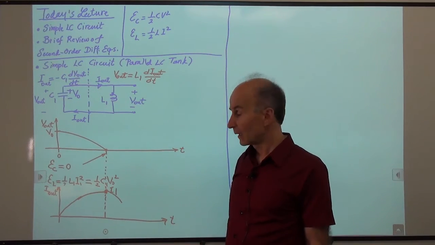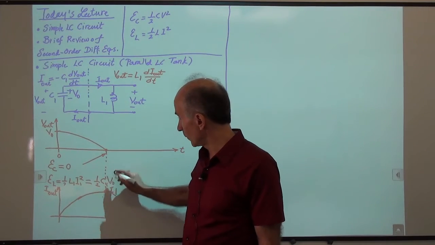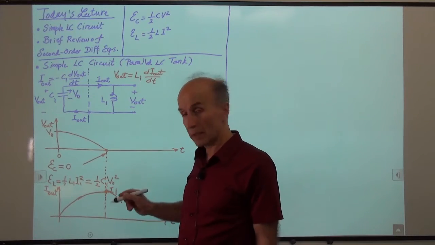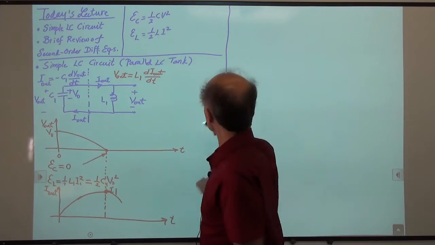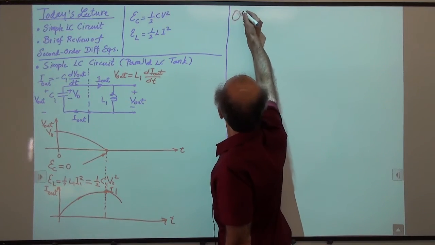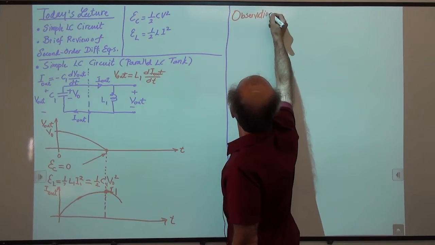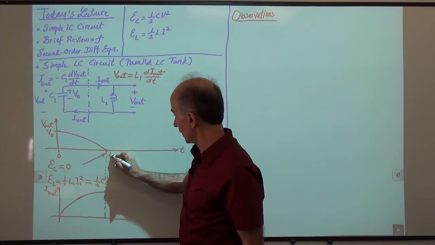Okay? All right. Now, we have to ask ourselves, what happens to the voltage at this point? Well, here are a few observations that we can make quickly so that we understand what happens. So let me write the observations here. We will call this point in time T1 right here.